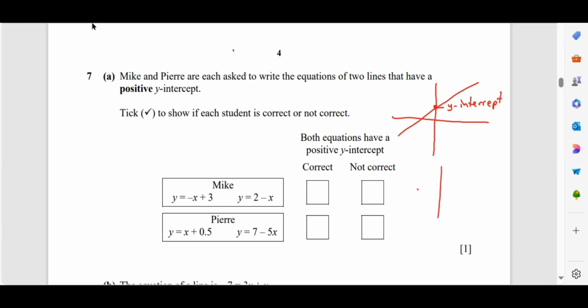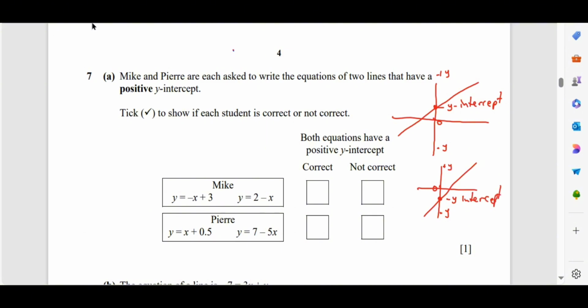This is when the line is below the center O, this center O here. So this is your plus y, and this is your minus y. So in this case, we have negative y-intercept.